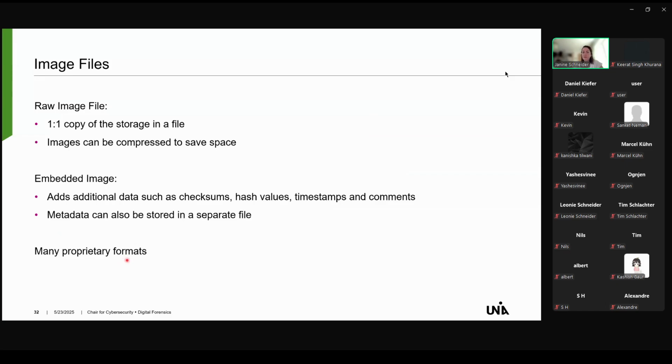And there are many proprietary formats, embedded imaging formats. It depends on what hardware and software you use, on the manufacturer of the forensic hardware and software, which image file is used. There are also some open source data formats like AFF4, but I think in practice they are not really used.